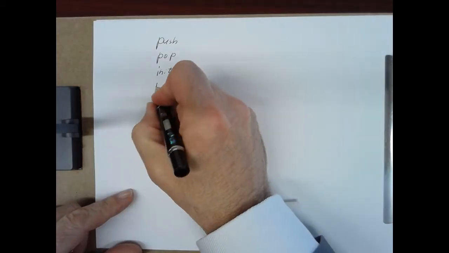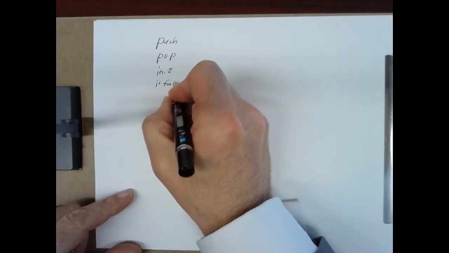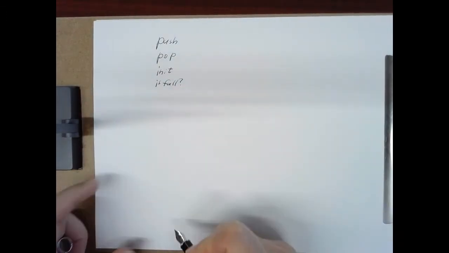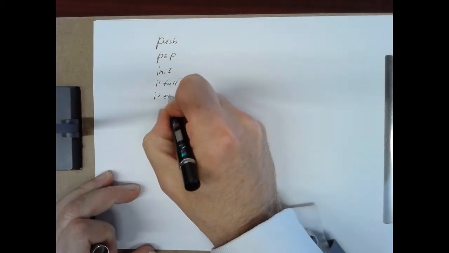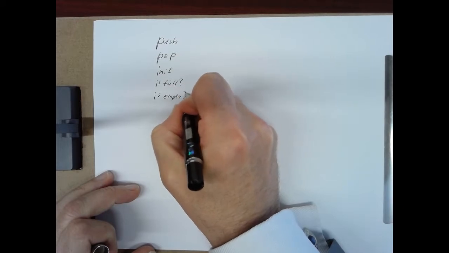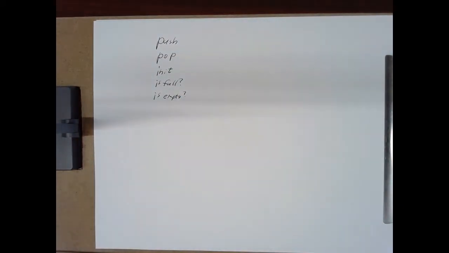And so we'd like to know if the stack is full, so that before we push something onto the stack, we know if we've got space for it. And we'd also like to know if the stack is empty, so that we don't try to pop something from a stack that doesn't have anything to pop.